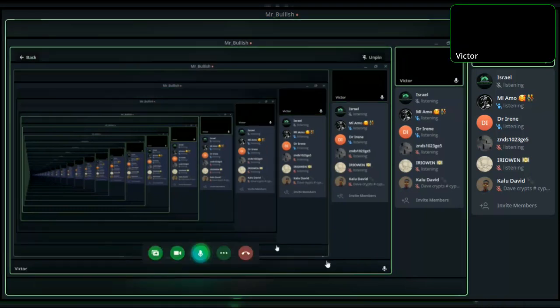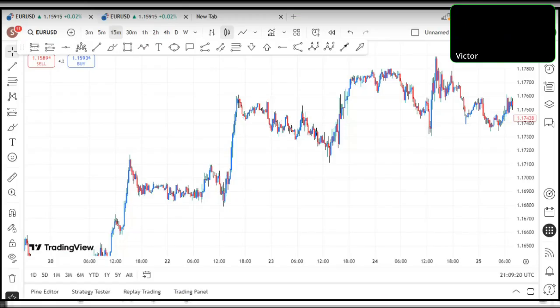Can you see it now? Okay, so you guys can see it now. Israel, you still can't see it. She can see it now.